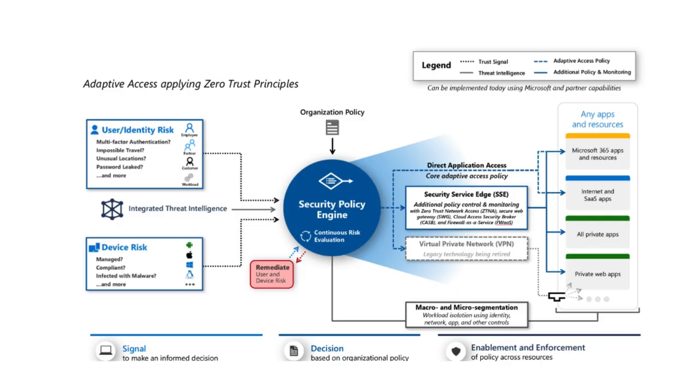Access paths: technologies carry out these decisions via direct application access and VPN, and extend them to additional policy and monitoring via SSE. Bottom: segmentation. Additionally, organizations can implement technology for user access and between applications and workloads that isolate them from each other for additional restriction of attacker movement.